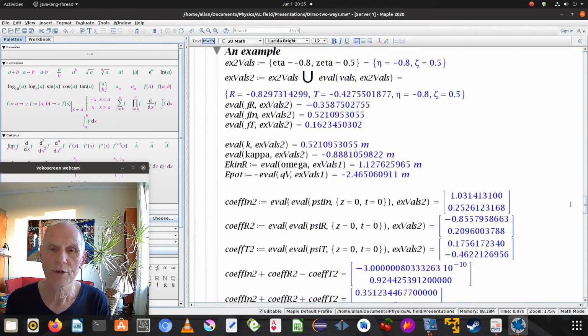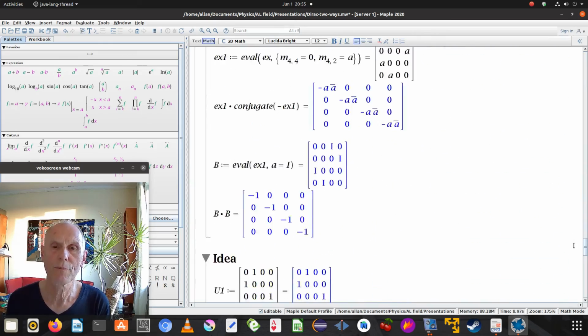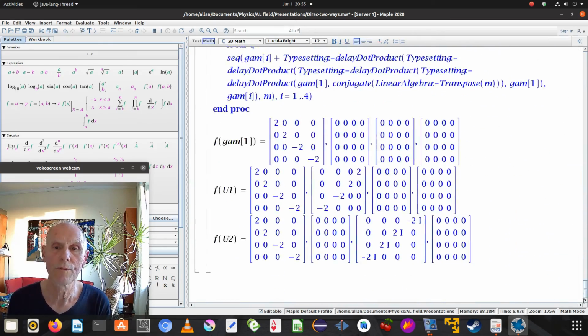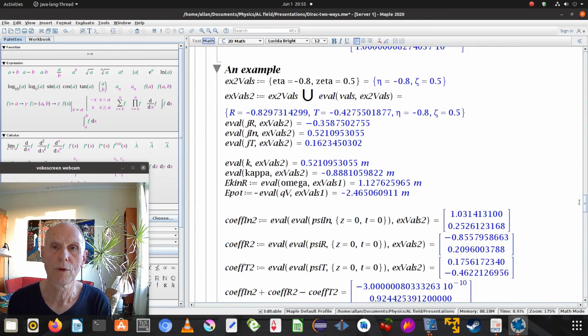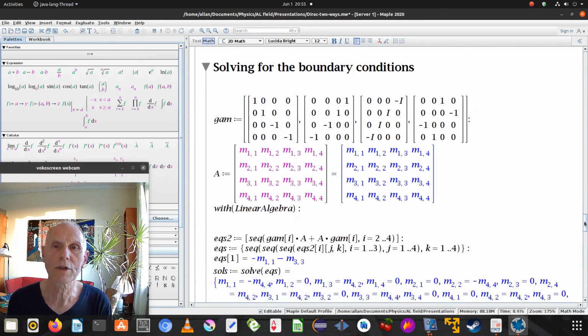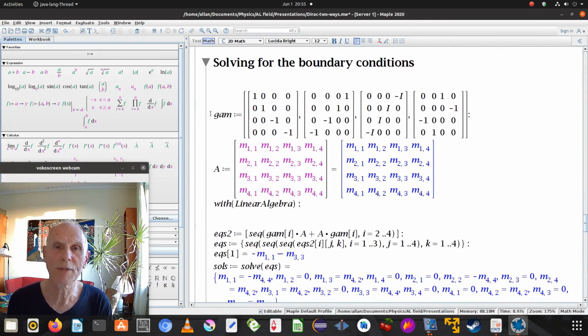We need to go down to solving for boundary conditions. I define the gamma matrices and then an arbitrary matrix, and then I say let's assume that it is unitary.